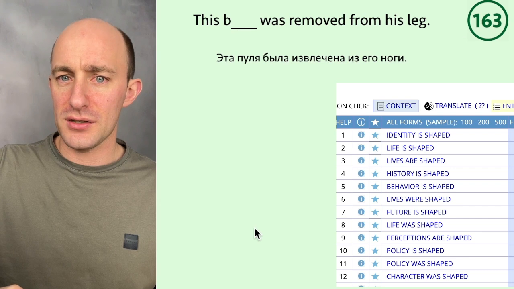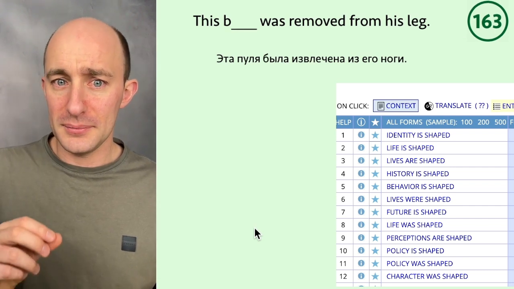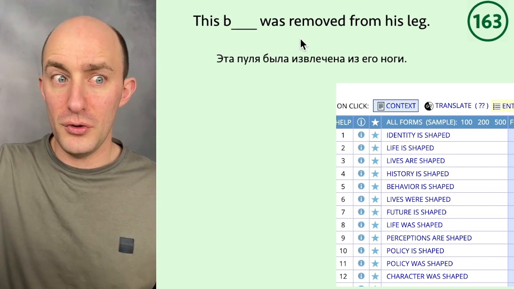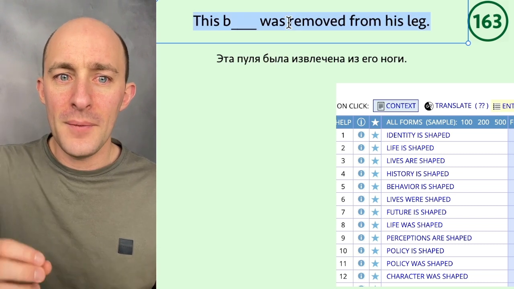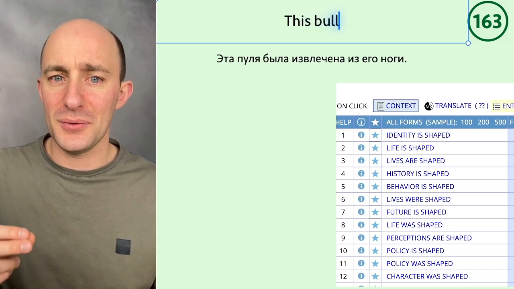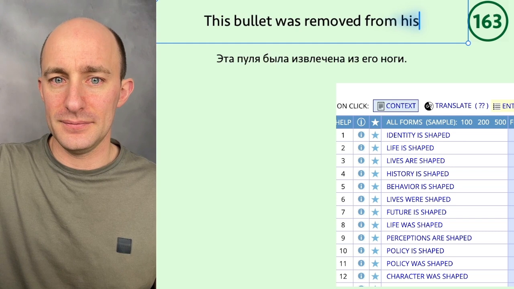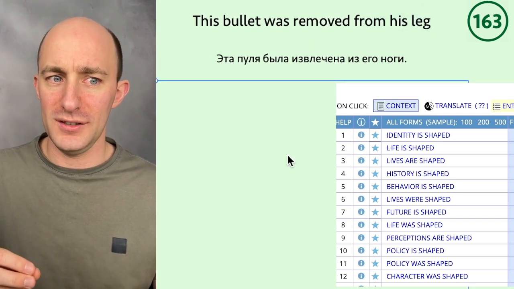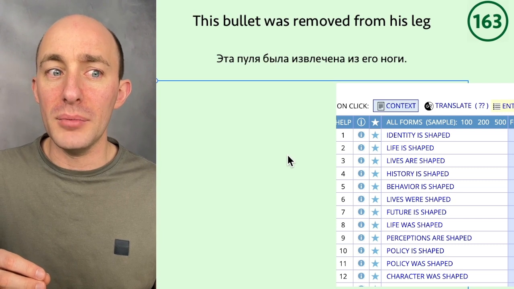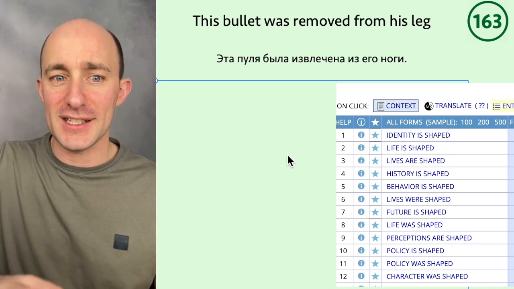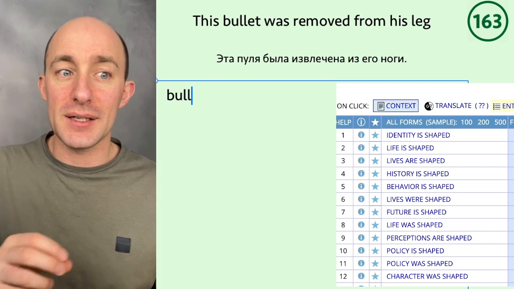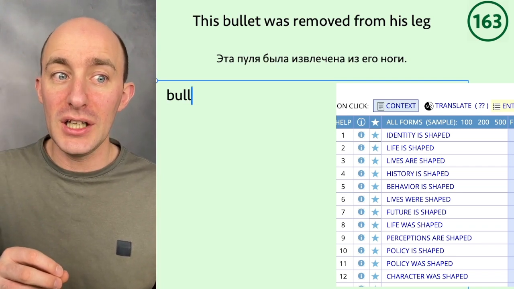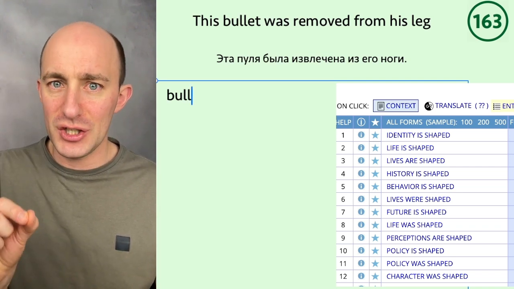Number 163. This bullet was removed from his leg. Bullet. Just don't say bool. It's not bool. It's bullet. Like bull. The is really short.